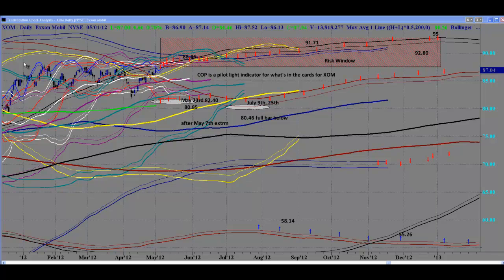And what you're seeing on this screen are not Bollinger Bands or forward projections of activity from the past. They're not moving averages that have been projected based on past behavior.